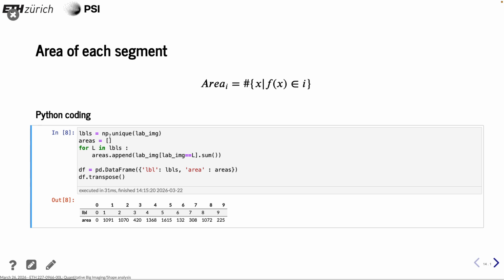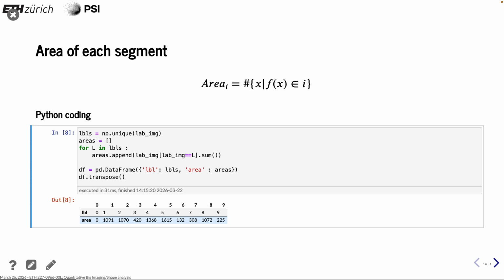Then we can just go through with this little loop here and sum up all pixels that have each label. In this case, I used a data frame, and here we get the labels and how large the area of each is. So this is a way to do it.